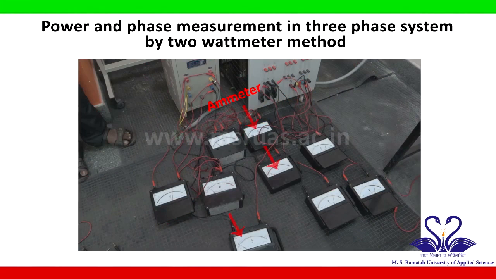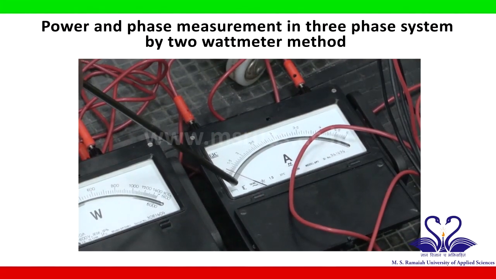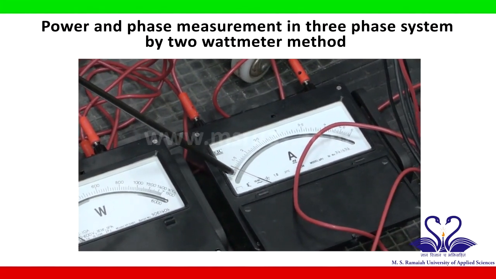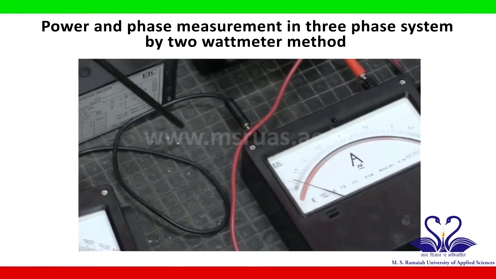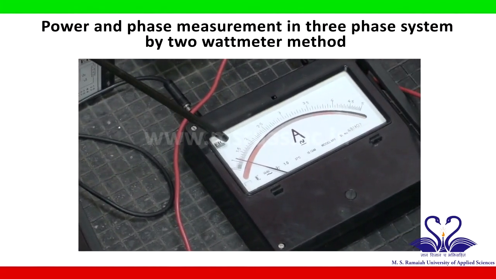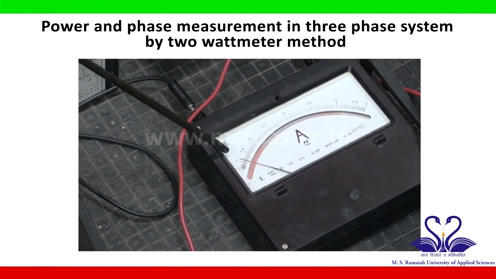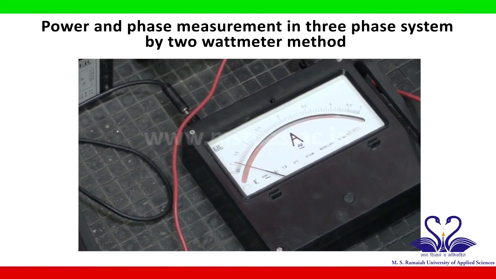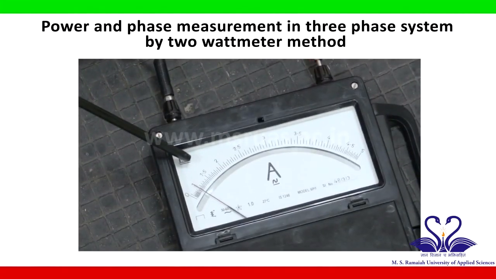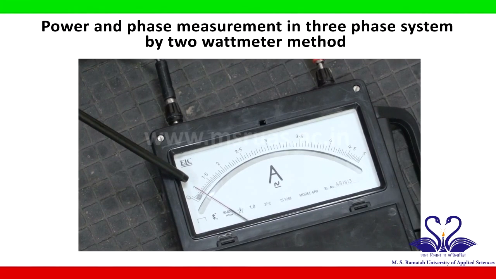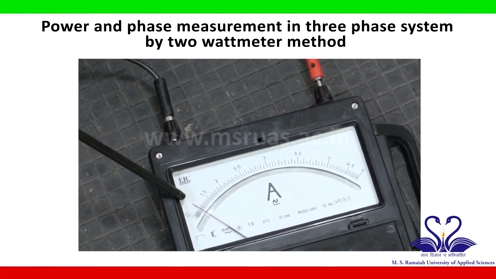Similarly, this ammeter is connected to the R phase, it is showing 1 ampere, and in a similar way the ammeter connected to the Y phase is showing 1 ampere, and this ammeter connected to the B phase is showing 0.9 amperes.